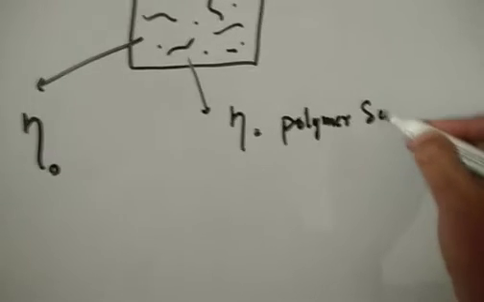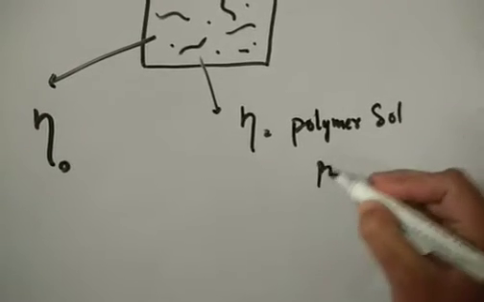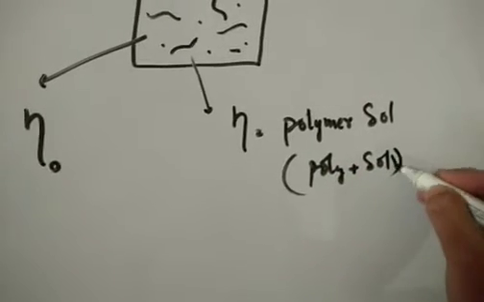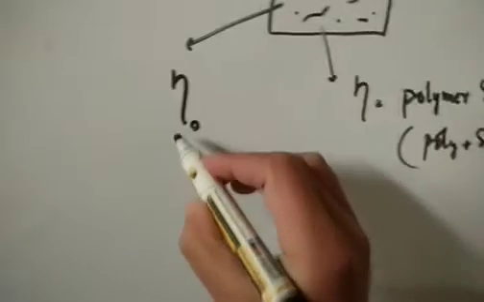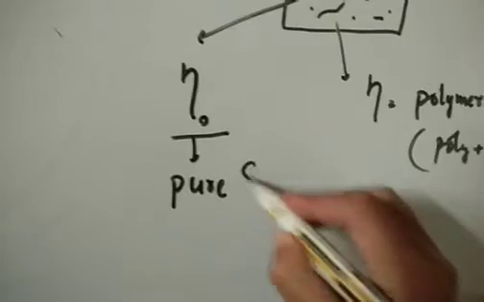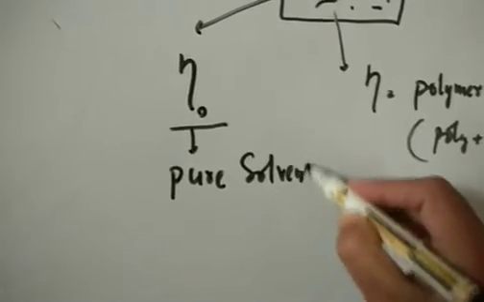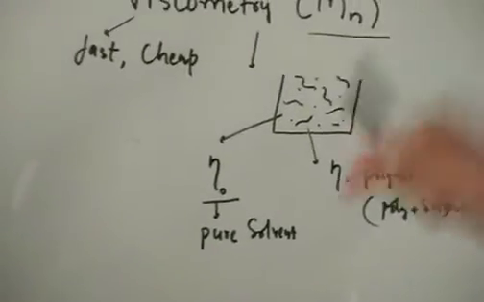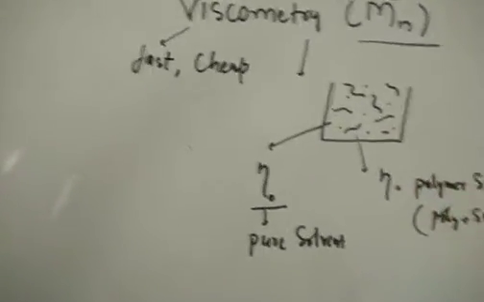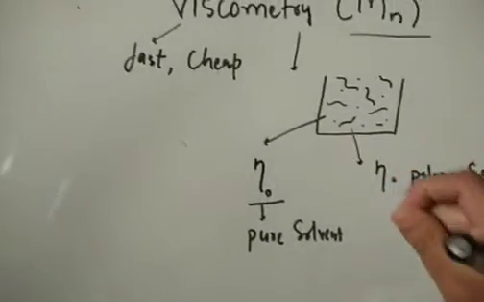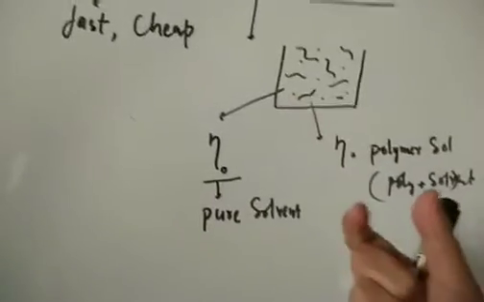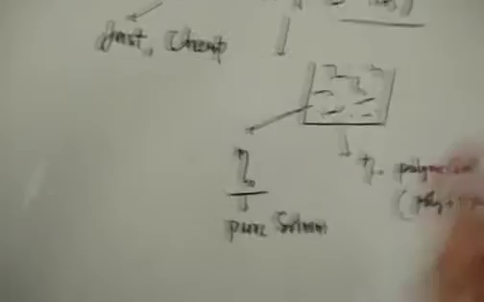When we say polymer solution, it means polymer plus solvent. So viscosity of the solution increases when we have the polymers present. You have basics. Now this change in the viscosity, when we have the polymer present in the solution, is used to calculate the molecular mass of the polymers.